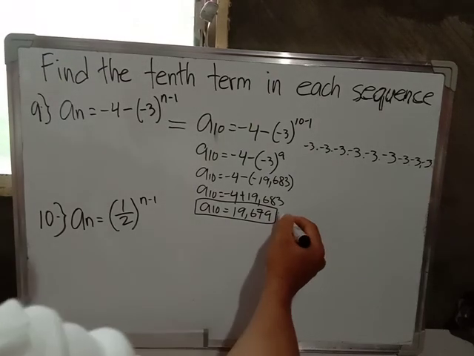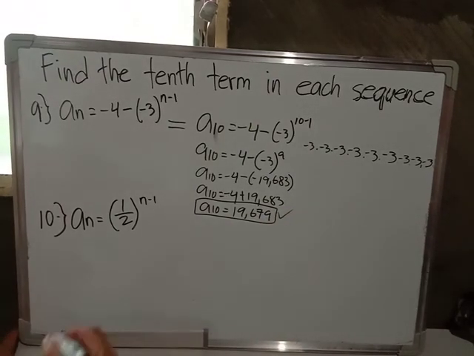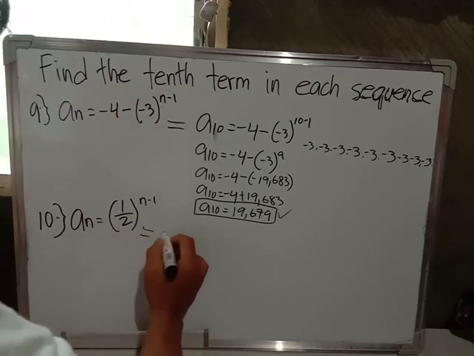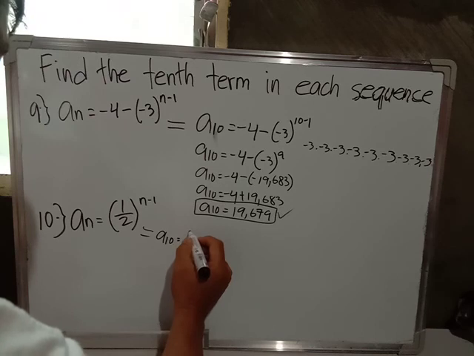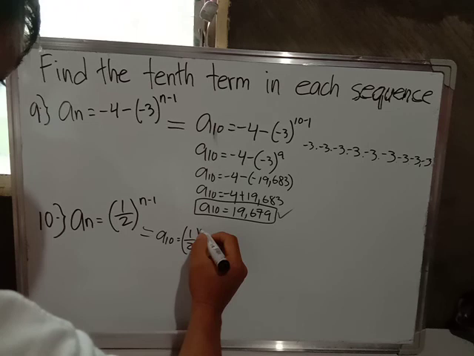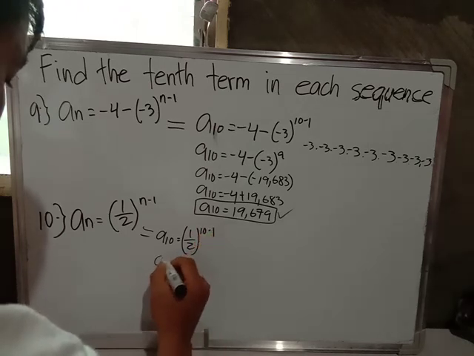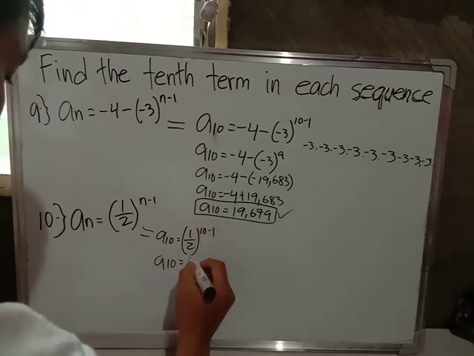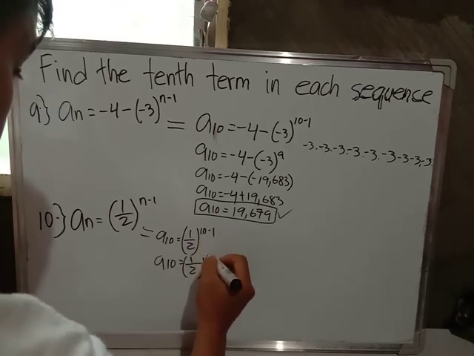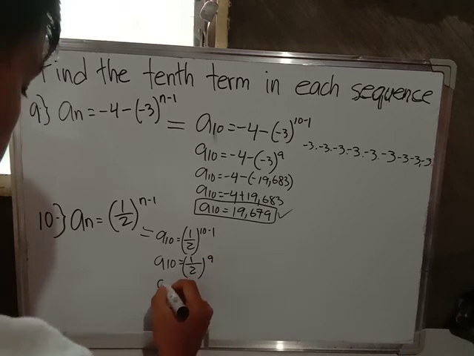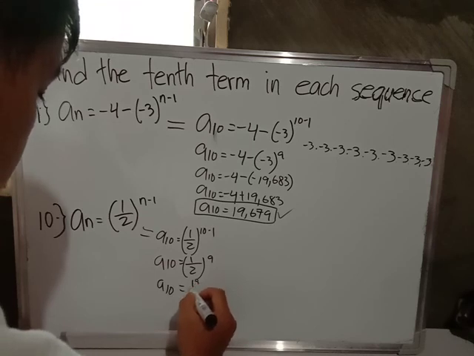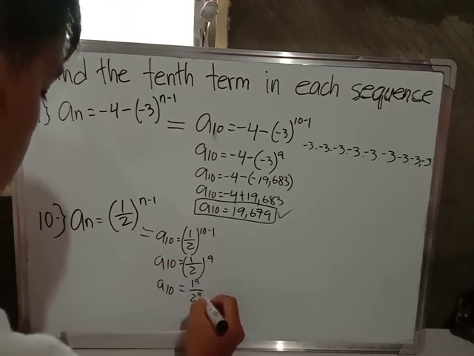For example number 10 naman is 10th term. So a10 is equal to 1 half to the n minus 1. So 10 minus 1 is to the power of 9. So a10 is equal to 1 to the power of 9 divided by 2 to the power of 9.